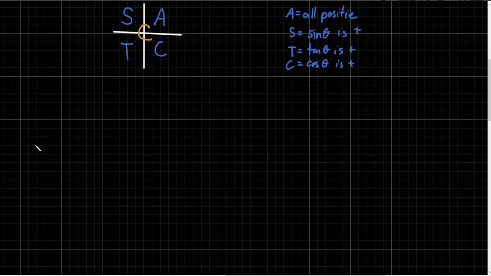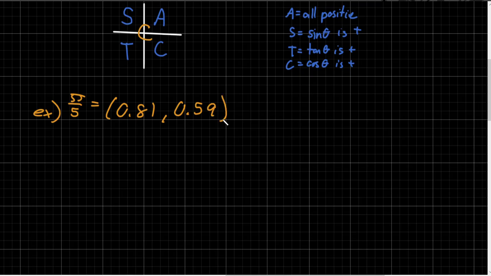Do you want to do an example? Okay. Example. I'm going to tell you that pi fifth, that point is 0.81 comma 0.59 on a unit circle.